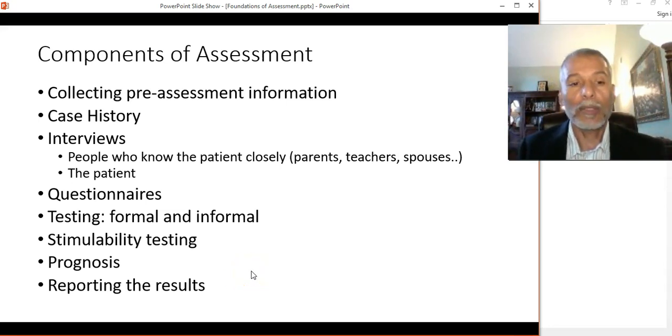Sometimes, like when you do a voice evaluation, you are not going to have the time immediately to share the report with the patient, but you sit at the end and say, okay, these are the findings, these are my conclusions, so you can consult with the patient immediately about the results of the testing and go from there.